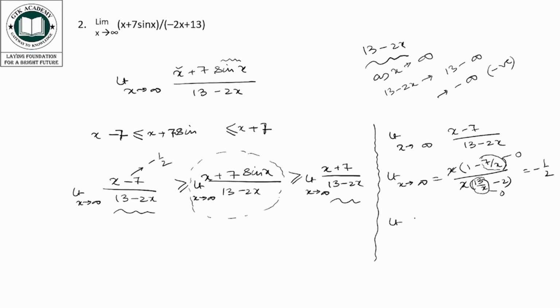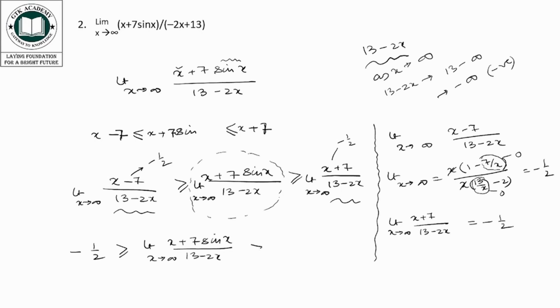Similarly, limit of x plus 7 upon 13 minus 2x, x tends to infinity, this also will be minus 1 upon 2. So this limit also is minus 1 upon 2. That means the limit of x plus 7 sin x upon 13 minus 2x, x tending to infinity, lies between minus half and minus half.